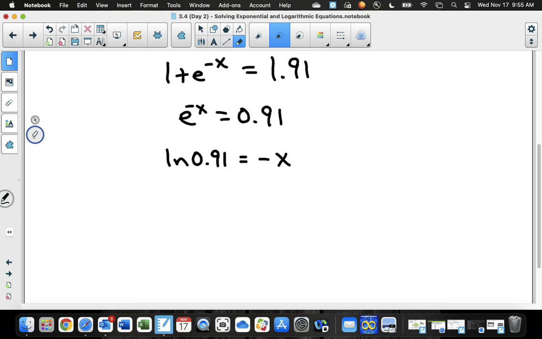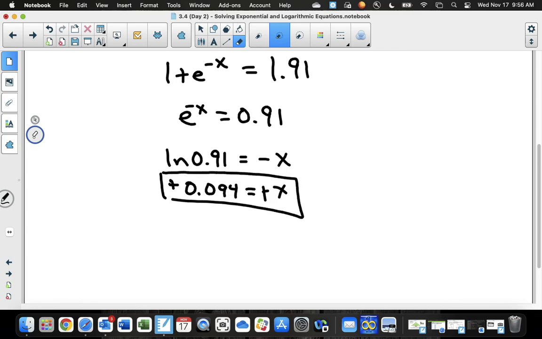What do you get, by the way? What is that? 0.094. Is that what you said? Okay. Oops. Try that again. 0.094 equals negative x. Oh, it's negative. Which means x then is positive. And there's our final answer.